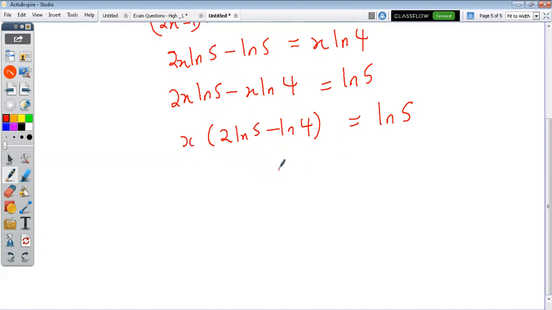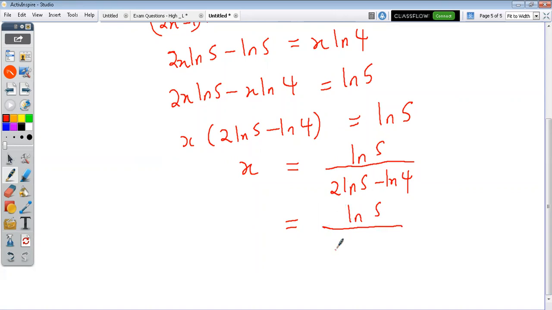So the value of x in this case, I can actually write it like this. This is ln 5 over brackets 2 ln 5 minus ln 4. But we know mathematically that 2 ln 5 is the same as ln 5 squared.